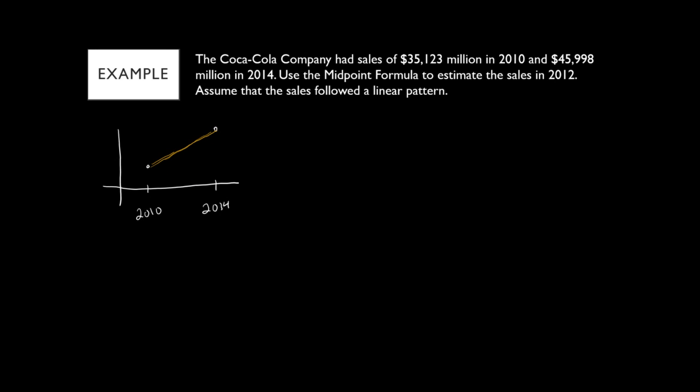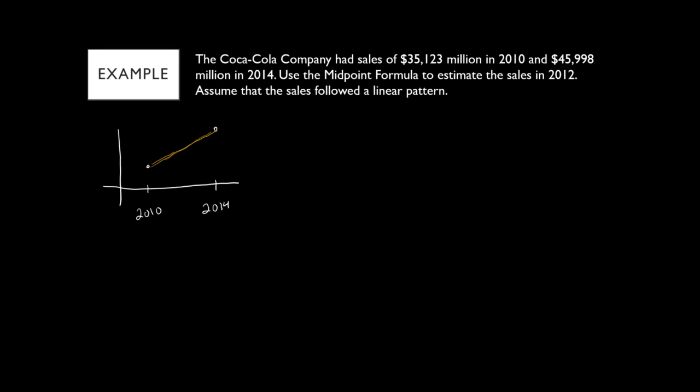But if they told us to estimate the sales in 2013, we wouldn't be able to use the midpoint formula because that's not the halfway point. So we're allowed to use the midpoint formula here because they're giving us a year that is halfway between.